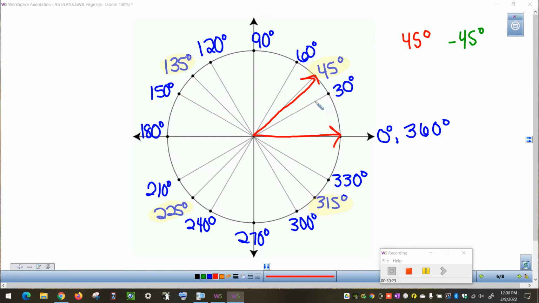If we're wanting to draw negative 45 degrees, we're going to go in the clockwise direction, but we're still only traveling 45 degrees. We're not going all the way around our circle to get to positive 45. That would be traveling way more than 45 degrees. It's actually going to end us up at 315 degrees.